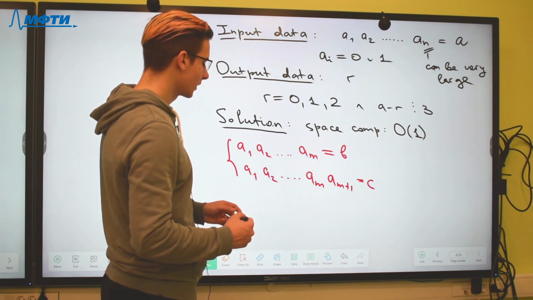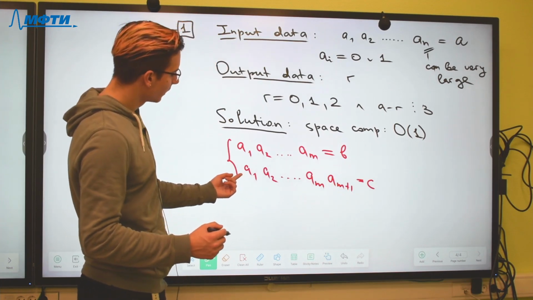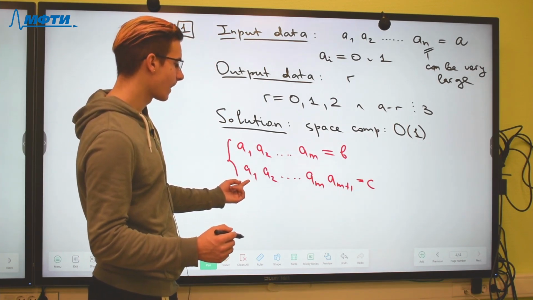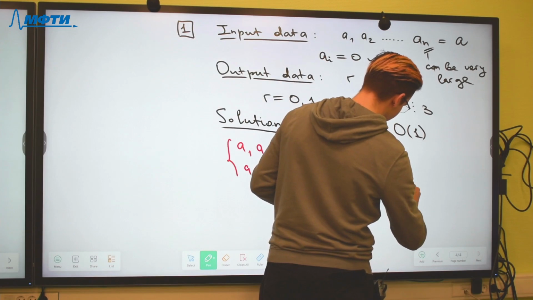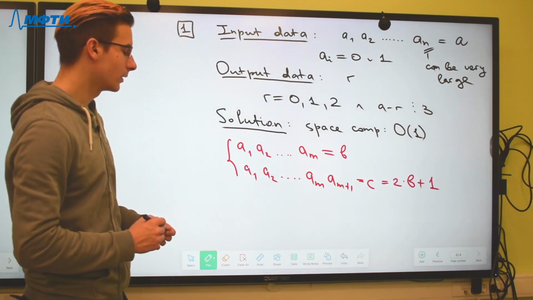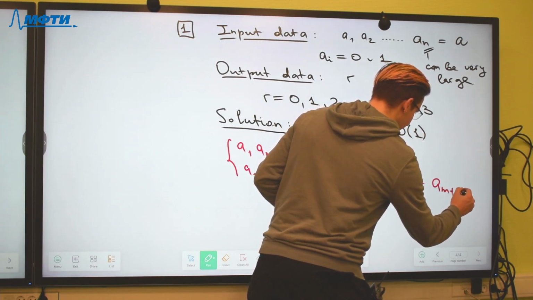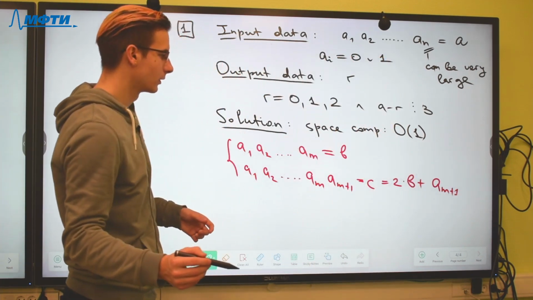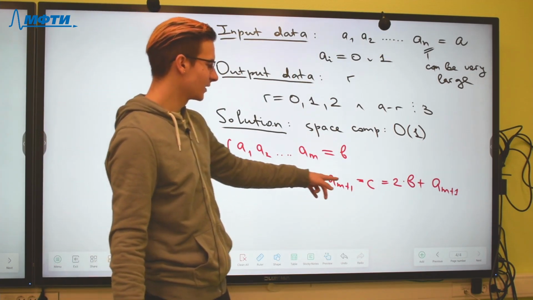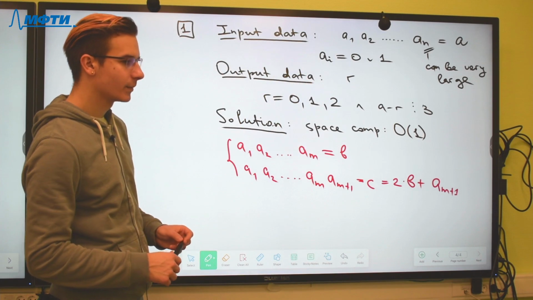We know that the number that has these characters in the binary realization is equal to twice b plus a with index m plus 1. Do you believe that c is equal to twice b plus a with index m plus 1?